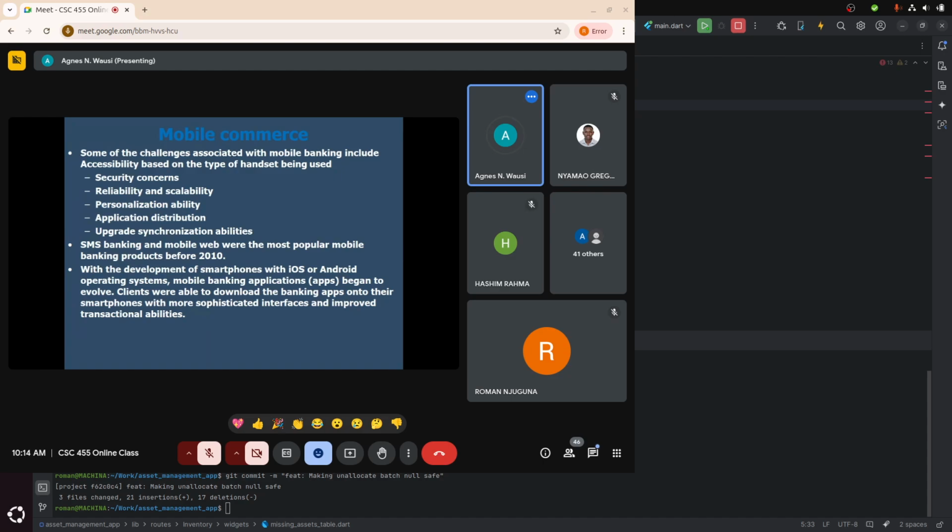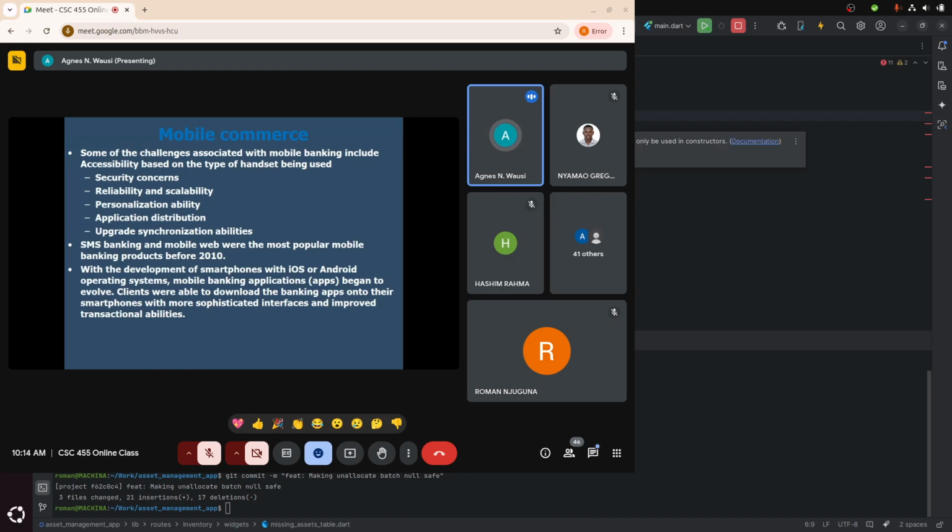Yeah. So of course, we know that as technologies continue to develop, these things become a little bit easier. Clients are able to do upgrades now. You don't have to go to the bank to have your application work in terms of upgrading it and things like that.